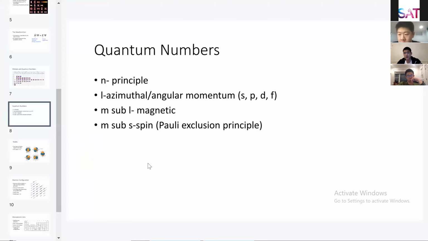Excuse me, is it like a sequence? What if L equals like 10 or something? Is it still F? Basically after these four, it goes F, G, H, I, J, K, L, M, N, O, P. Oh, okay.